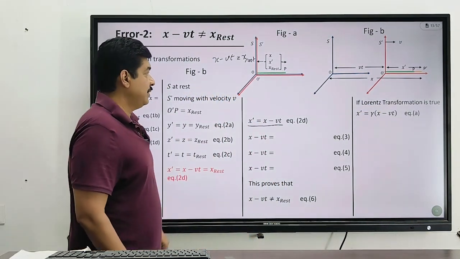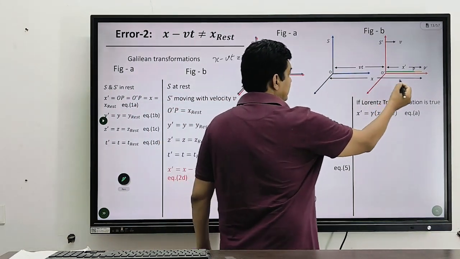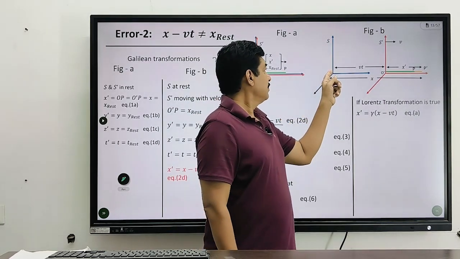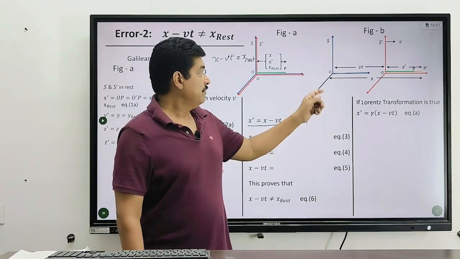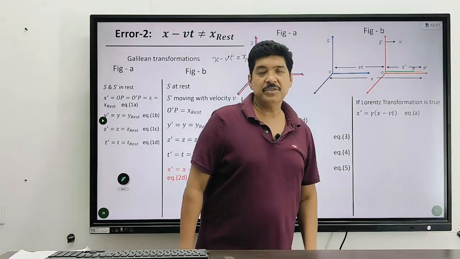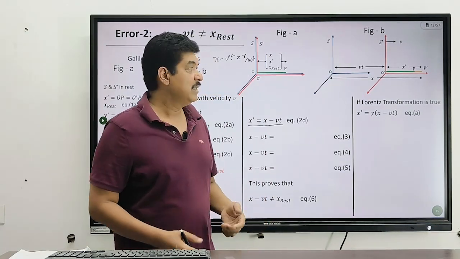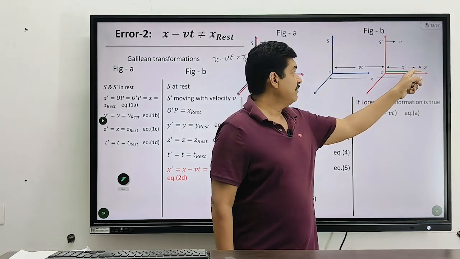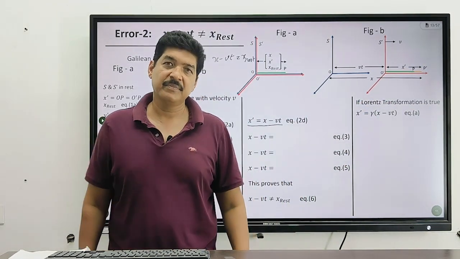Okay, so let us see x. What is x? When we throw a probe from the stationary frame of reference to the moving frame of reference, we need to find the position of P. But the position of P has transformed to P dash in the moving frame of reference. So when we send a probe to find the position of P, we will actually find the position of P prime, right?